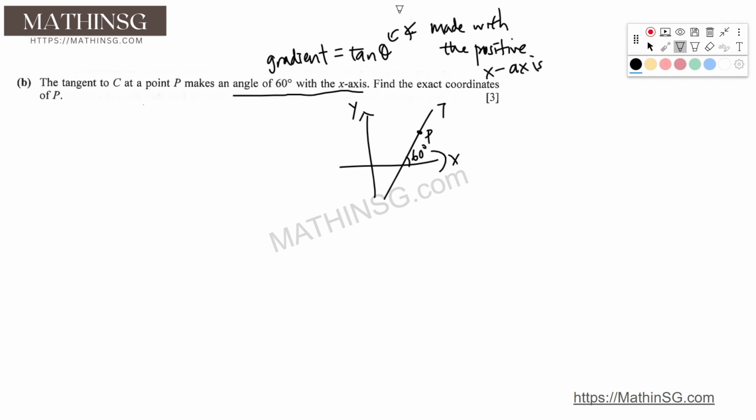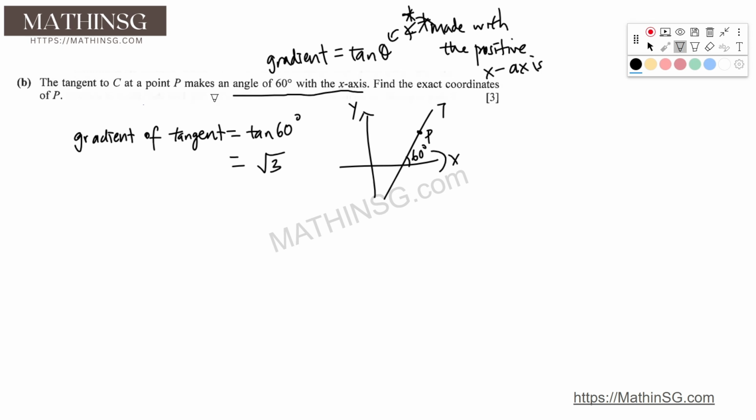This came out a few times in A level, so make sure you know that the angle a line makes with the x-axis is related to the gradient. Gradient is equal to tan theta, where theta is the angle the line makes with the positive x-axis. So the gradient of the tangent is equal to tan 60 degrees, and tan 60 degrees is essentially root 3.